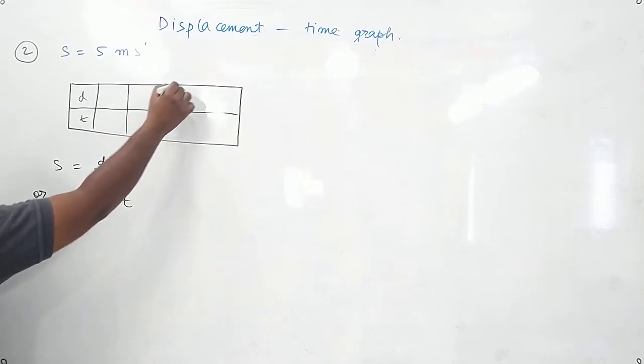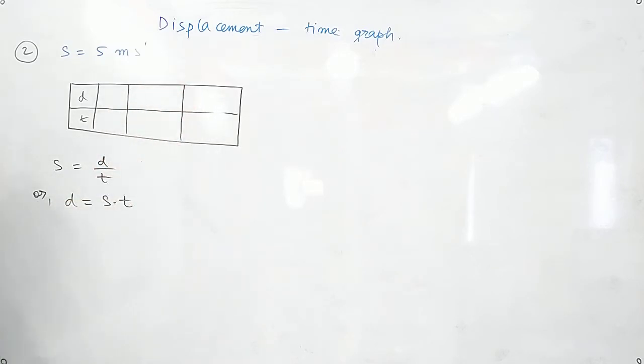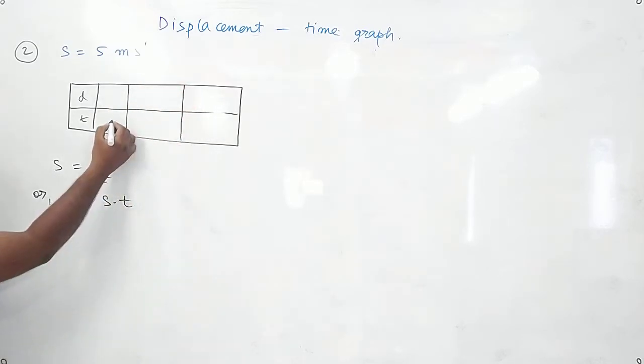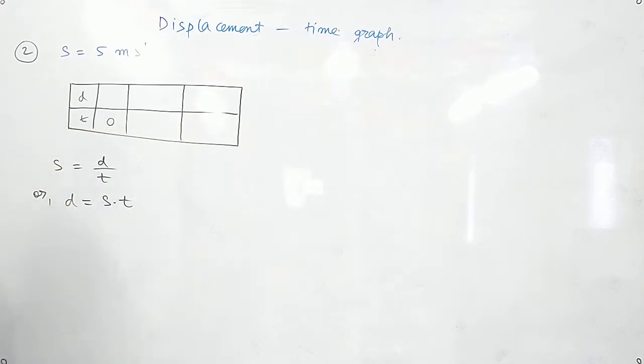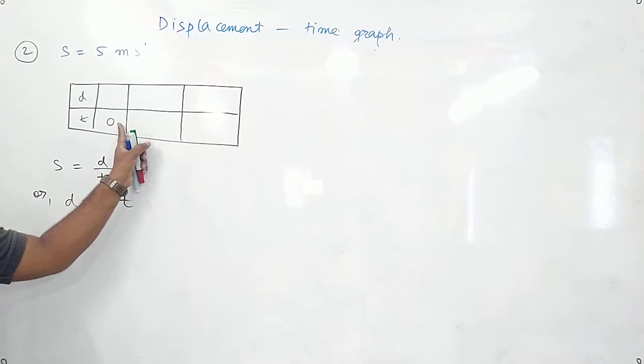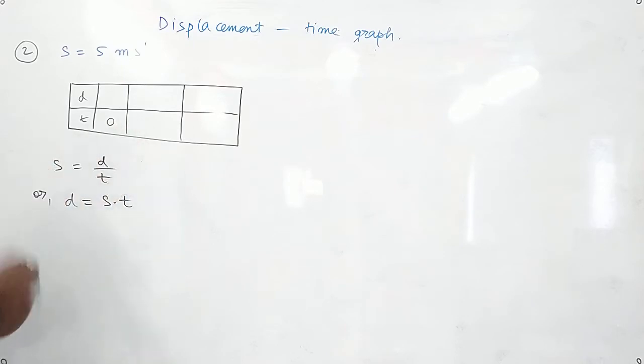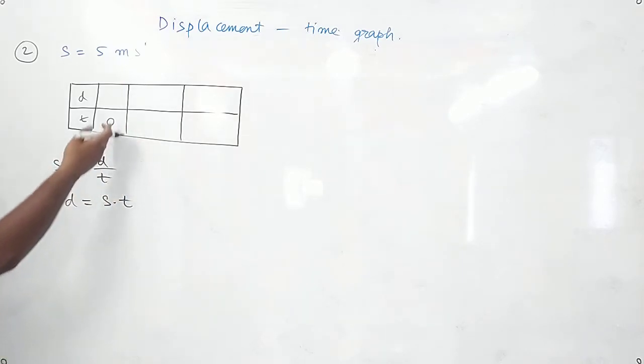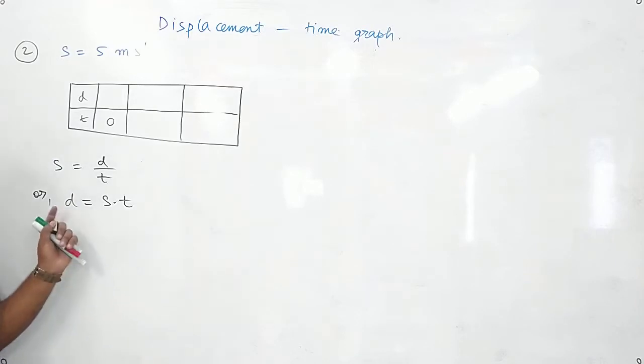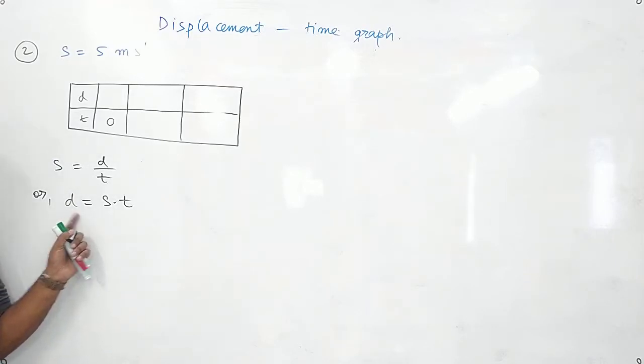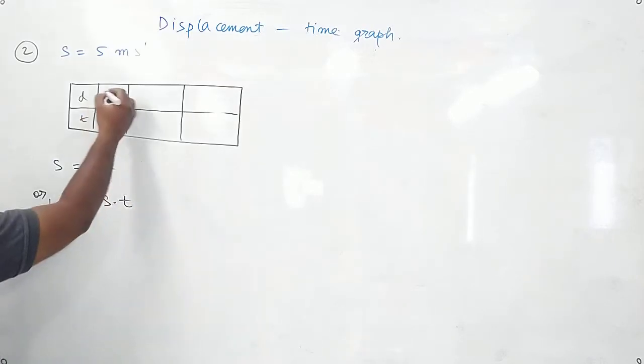Let us take 3 intervals only. When time equals 0 second, can time be negative? No. So if we have to start, we have to start from 0. So if time is 0, what will be the distance? 0.